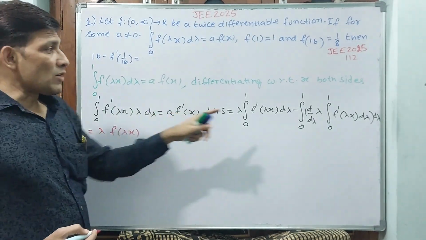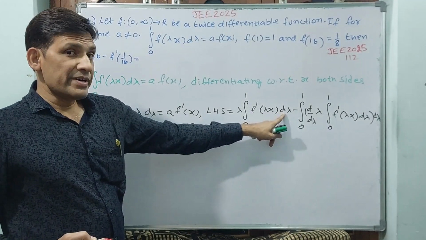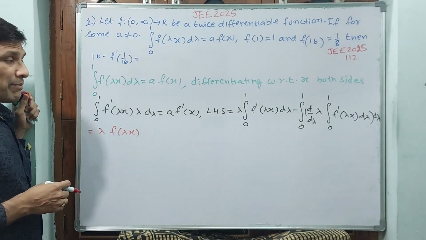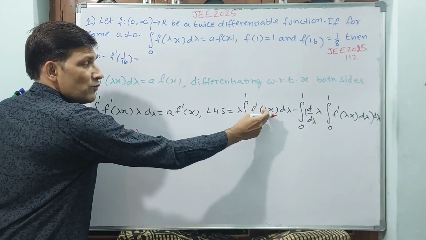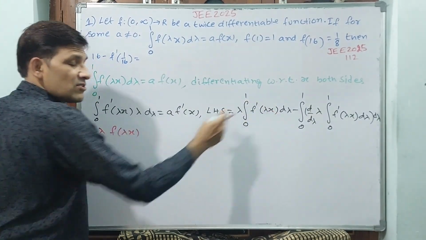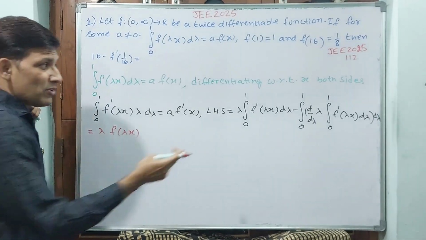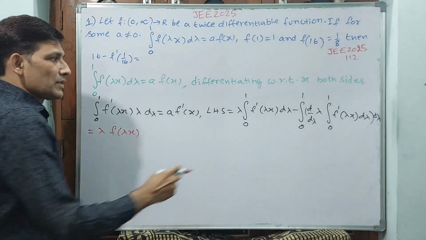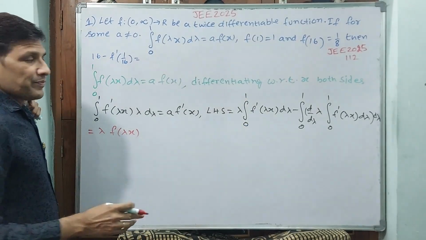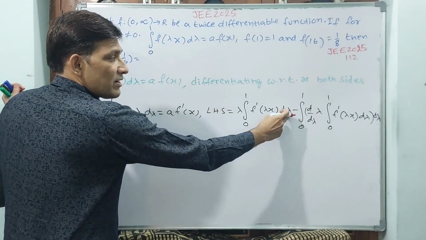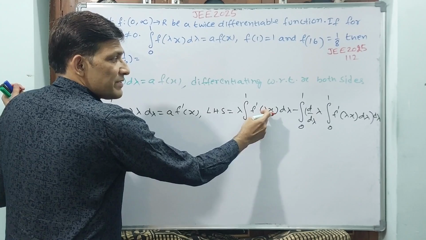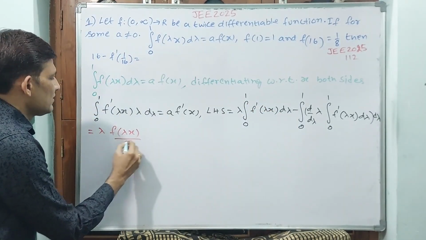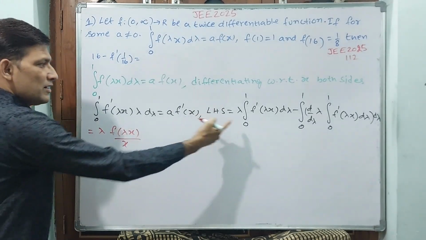With respect to what are we doing? With respect to lambda we are doing. Now with respect to lambda, x is constant. Here lambda is not a constant because we are doing with lambda. Sorry, lambda, I forgot it. Here lambda is not a constant, lambda is variable. Lambda is variable means x should be constant or coefficient. Is it correct? Then what about limits?